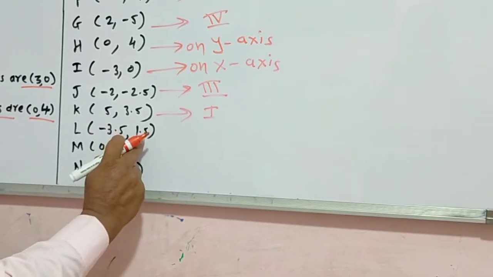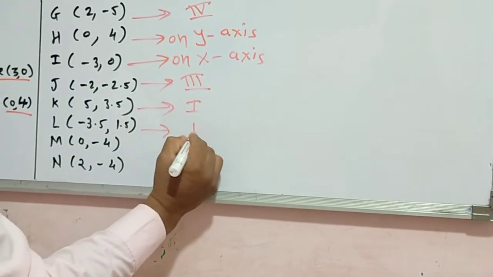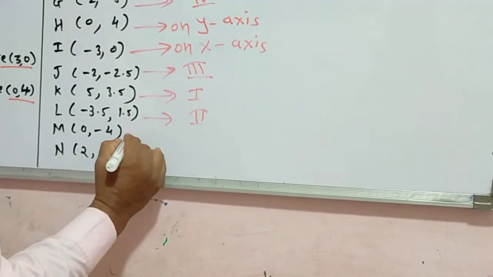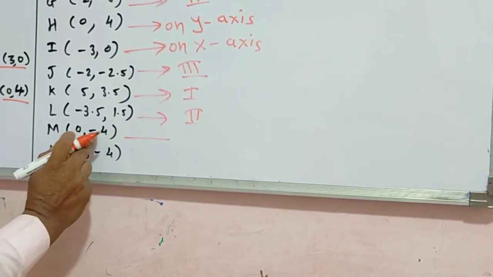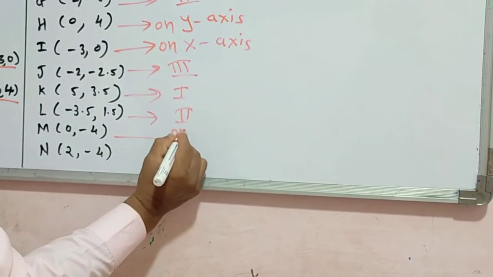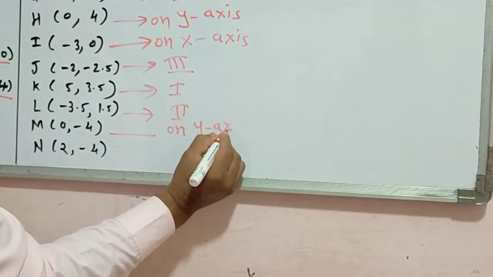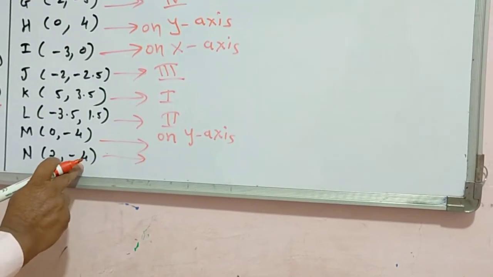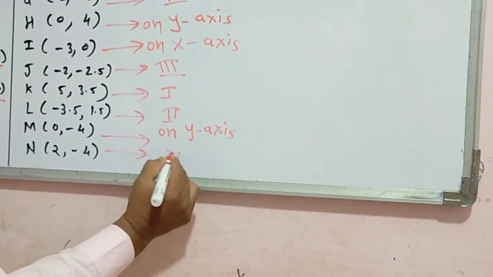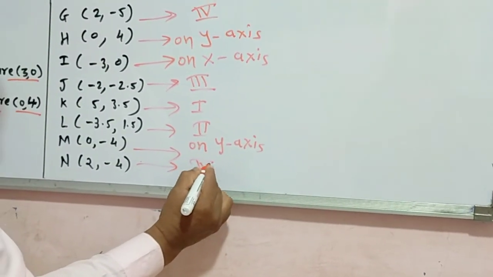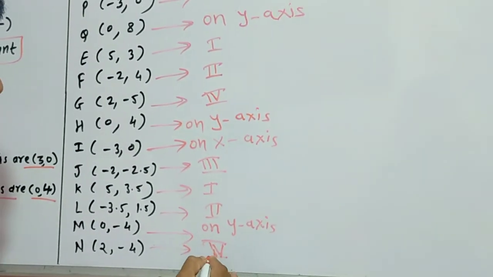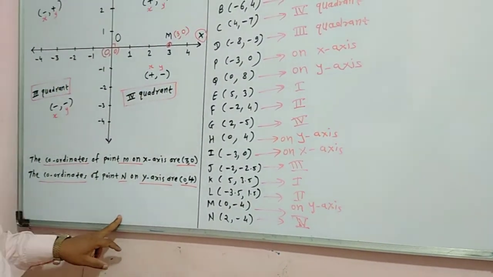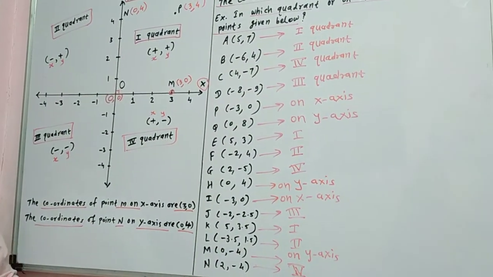Negative positive, here it is second quadrant. Then (0, -4), x coordinate 0, so on the y axis. And last, positive negative means fourth quadrant. So in this way we can write where the points are. Write these examples in your notebook.